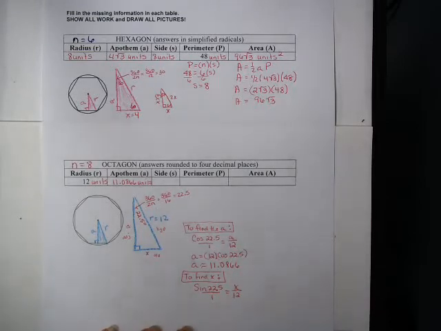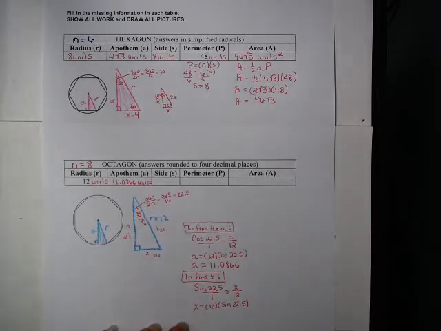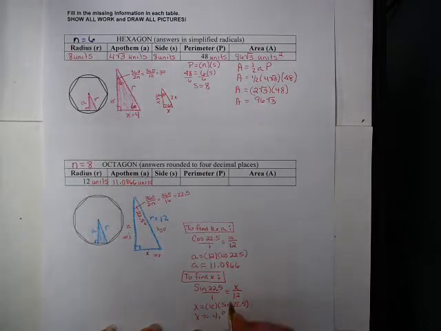Cross multiply, so that means x is going to equal 12 times sine of 22.5. Again, I can't remind you enough, make sure your calculator is in degree mode. So x is going to be approximately 4.5922.